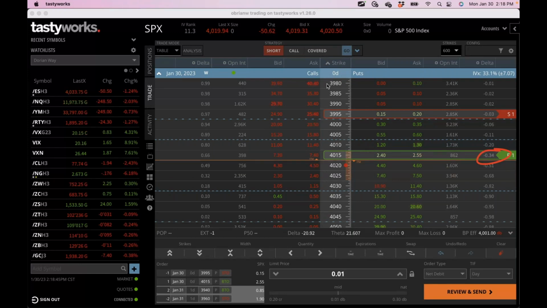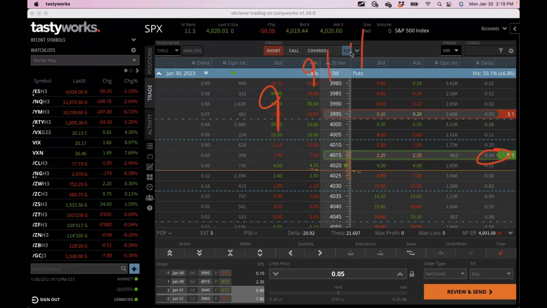We don't have to go out too far in this example, and we can go from a 34 delta to a 9 delta, which will completely change the probabilities. You've got about a 66% chance to win at expiration here, going to a 91% chance of winning at expiration.